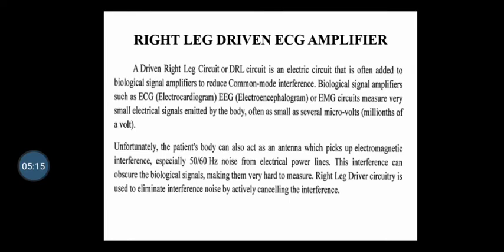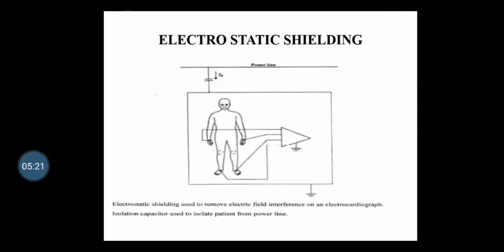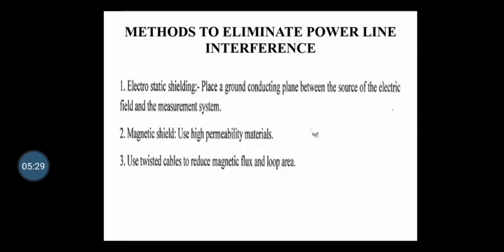Another one is the magnetic shield. Here, magnetic shield means this entire body will be covered inside a magnetic shield. On covering like this, we can eliminate unwanted electromagnetic interference from entering the patient and measurement system.